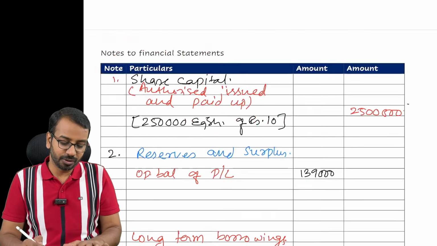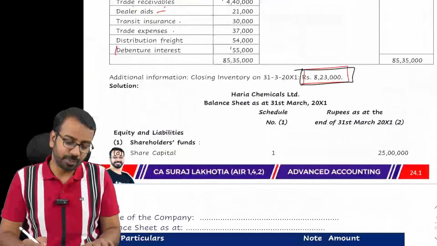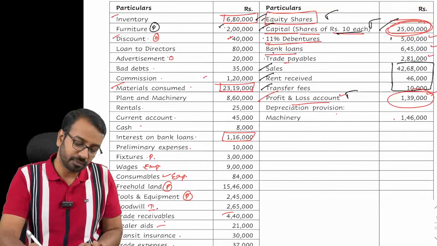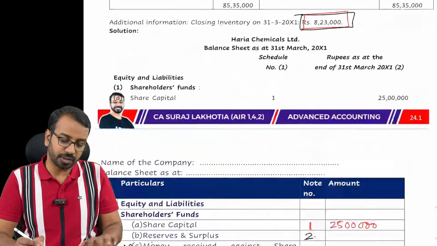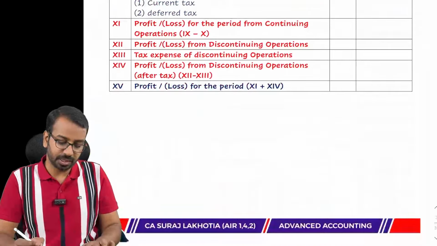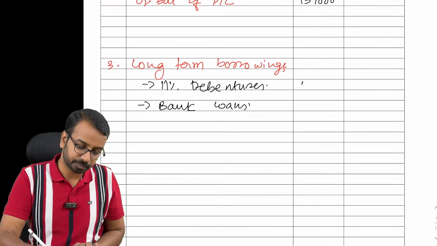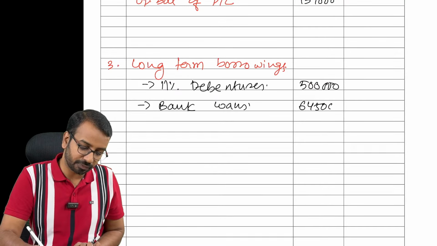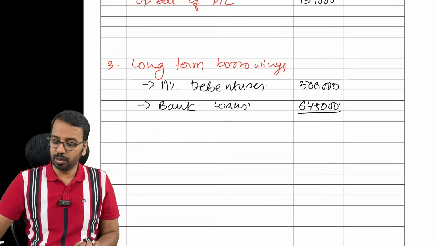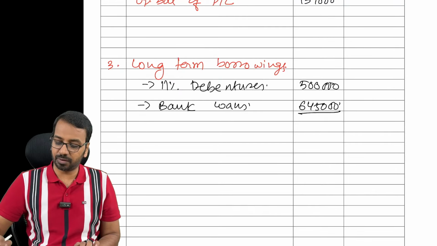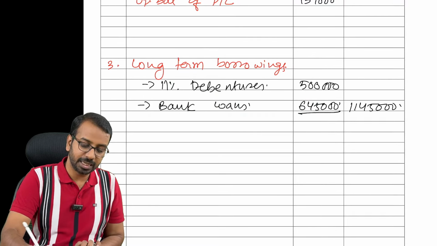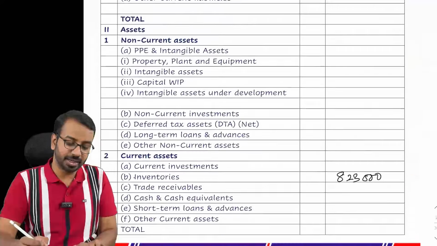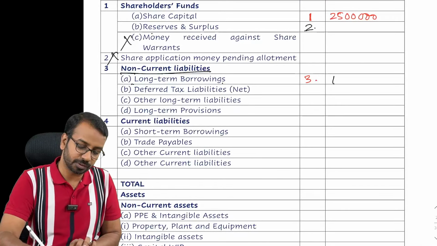No other adjustment. So that's it. 11% debenture, how much? 5 lakhs, and bank loan 6,45,000. So 5 lakhs plus 6,45,000, we get 11,45,000. Immediately posted in the balance sheet as 11,45,000.